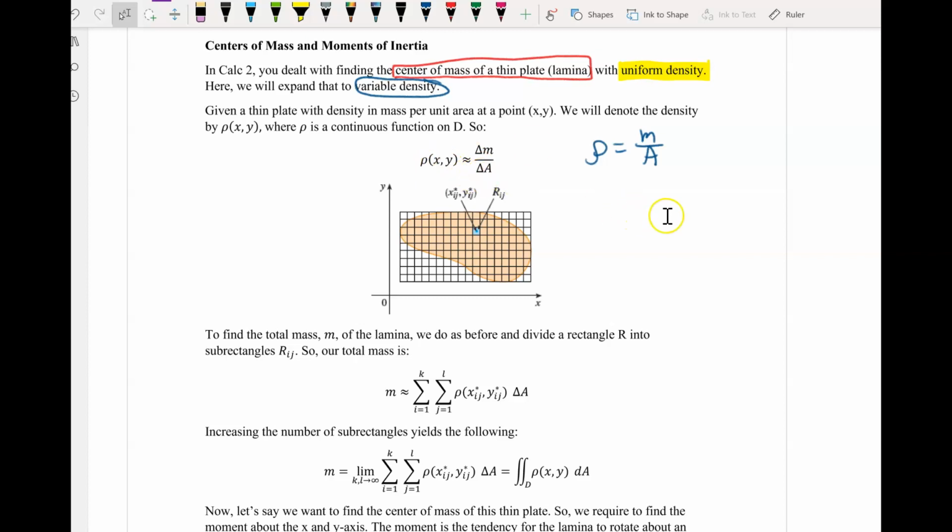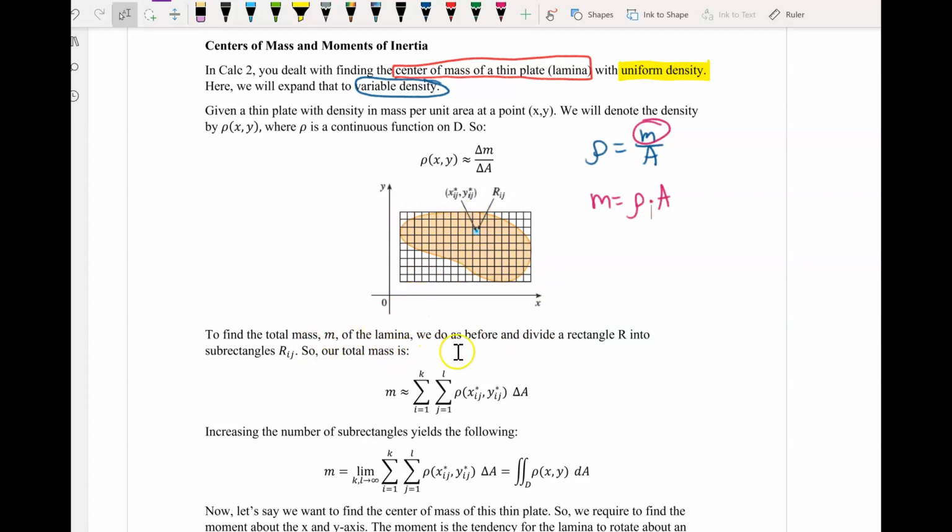Now our goal here is to find mass, and this is going to be super important in our next section, because mass is probably one of the easiest ways to think about a lot of these problems. If we rearrange this formula, we can see that the mass is just equal to the density times the area. So if we want to find our mass, all we have to do is divide this lamina into little rectangles.